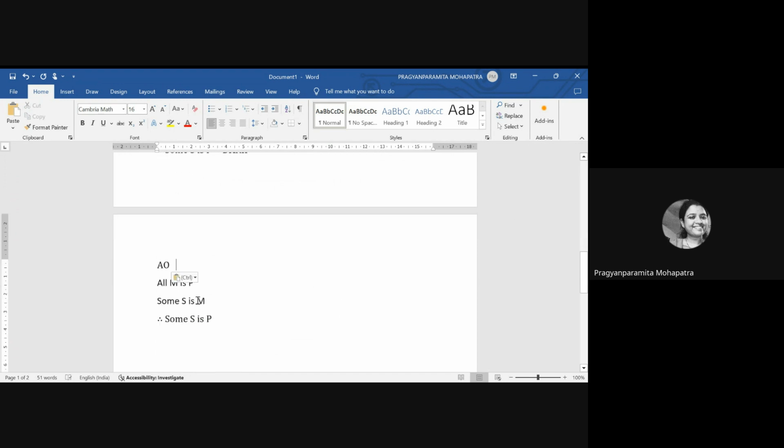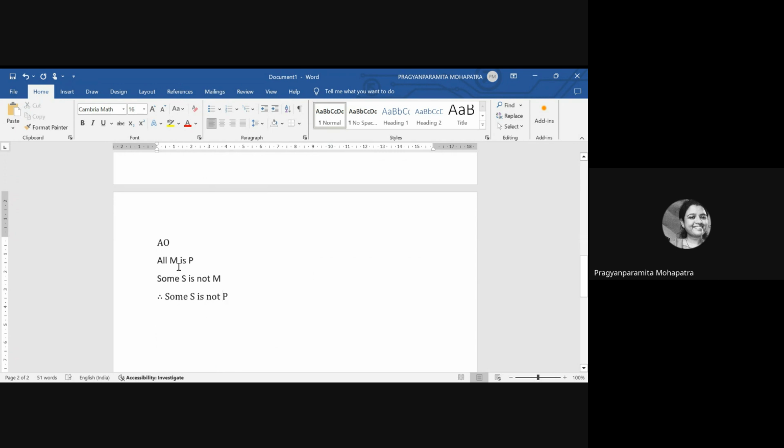AO: some S is not M. So if one of the premises is negative, the conclusion must be negative. Okay, so the middle term is distributed, no problem. Here also the predicate is distributed, no problem.